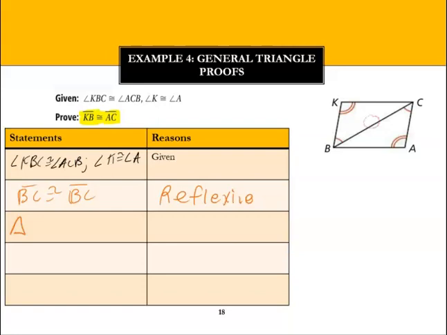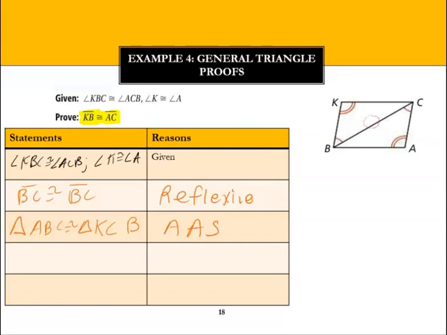So I'm going to say that triangle, and I have to be careful because I can't copy the proof statement for my congruent triangle. So if I say ABC, A was marked congruent to K, B in the top triangle to C in the other one, and then the unmarked angle. So KCB by angle, angle, side.